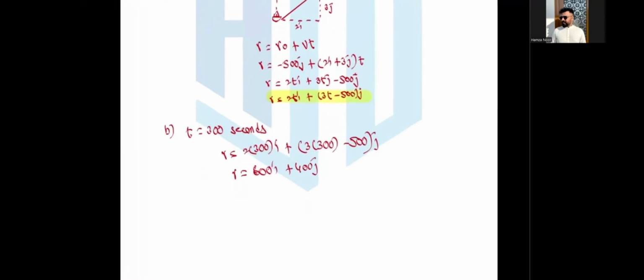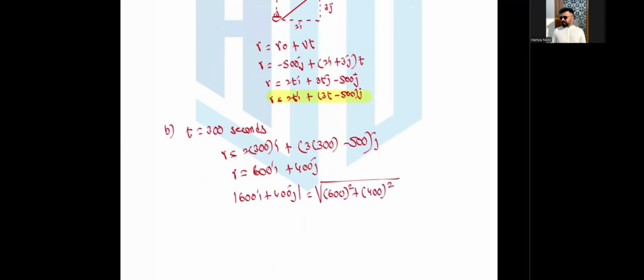Okay, so in order to find the distance, we will take the magnitude of this displacement vector. So I'm going to find the magnitude of 600 i plus 400 j, which is the square root of 600 squared plus 400 squared.